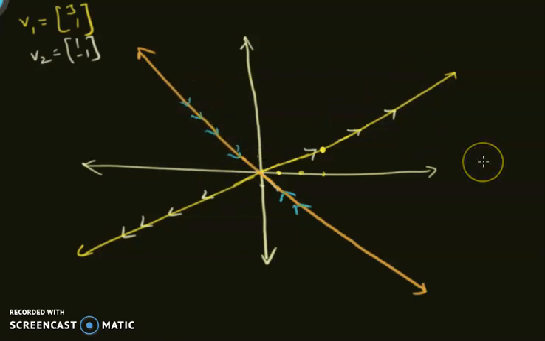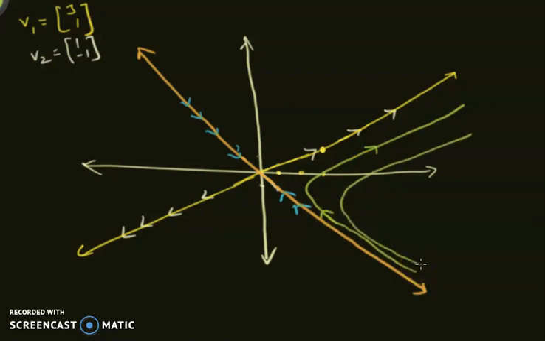Now what is happening to other trajectories? Let's see those. If there is another trajectory that is moving along this stable line this way, then it will move away along with this unstable line. Any other trajectory will behave like this, moving towards (0, 0) along this, but then will start moving away from this.